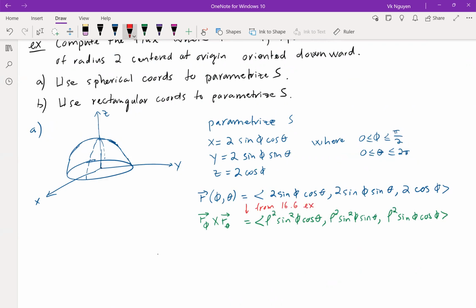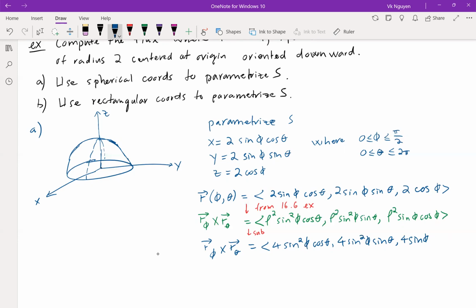Okay, so now we're just going to do the substitution here. Now, rho is 2, so 4 sine squared phi cosine theta, 4 sine squared phi sine theta, 4 sine phi cosine phi.